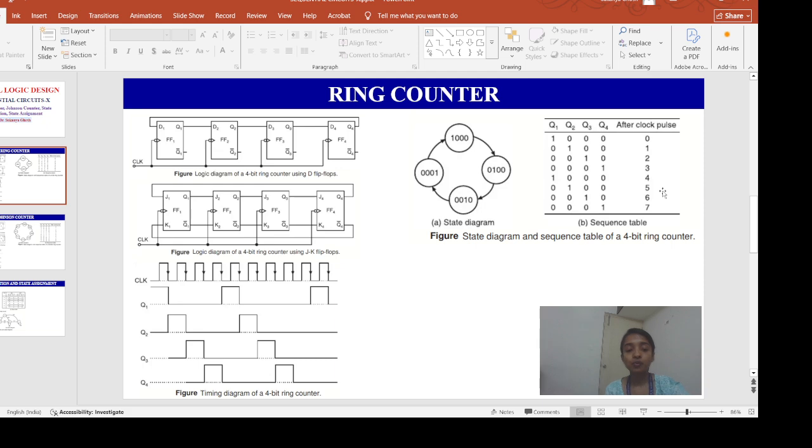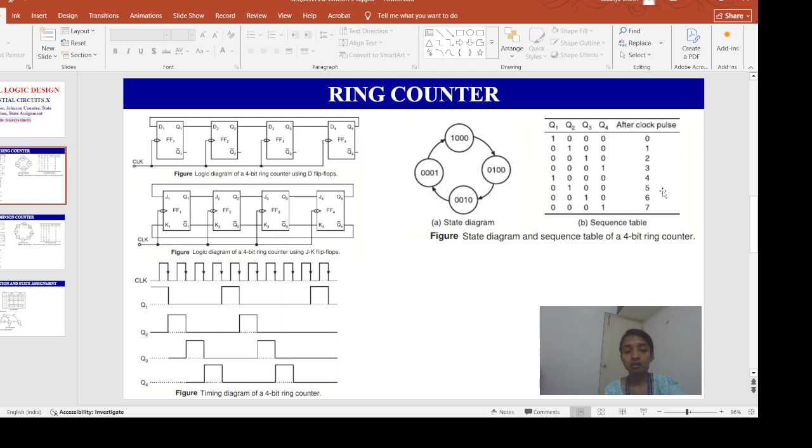So this ring counter is uneconomical compared to a ripple counter, but it has the advantage of requiring no decoder.